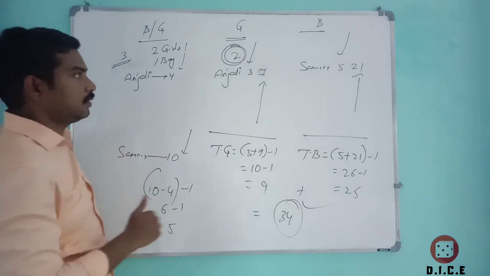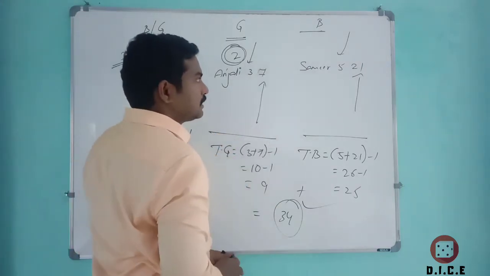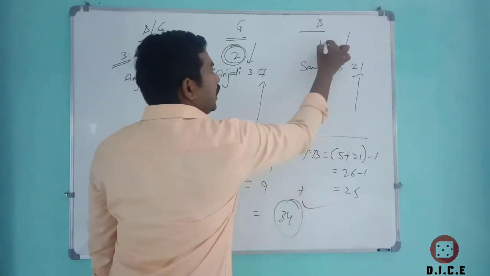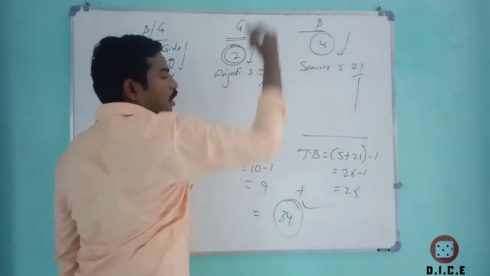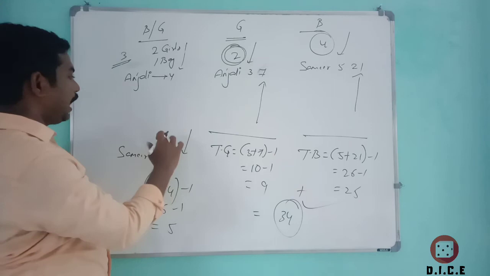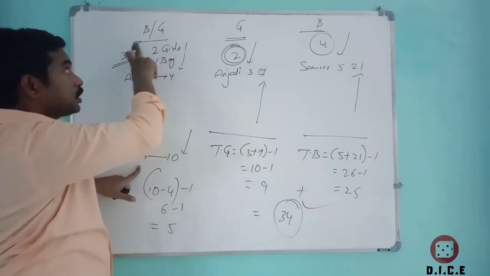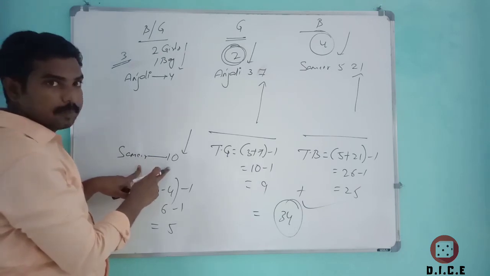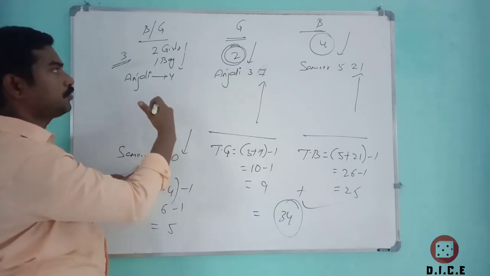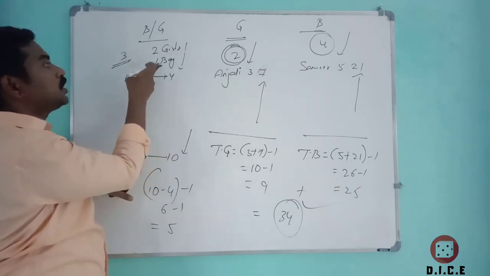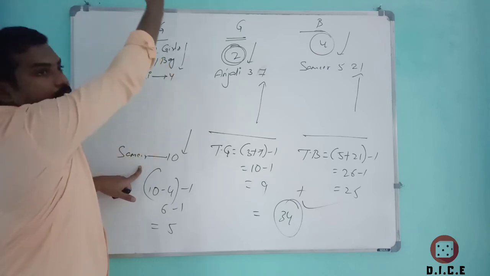In the case of boys, Samir is 5th from the top, which means there will be 4 boys ahead of Samir. In the case of boys and girls, the rank of Samir is 10, and how many boys we don't know. Already you can observe 1 boy ahead of Anjali.